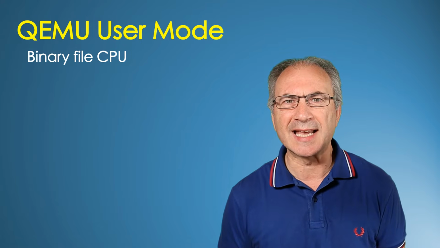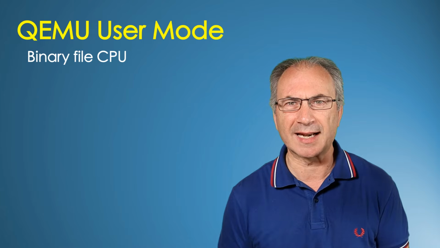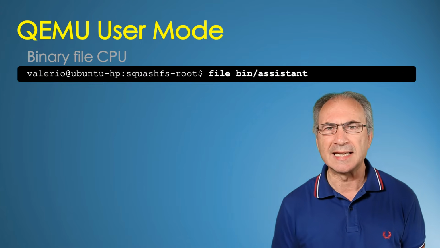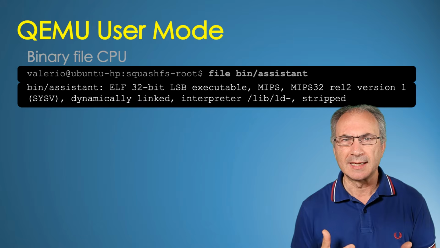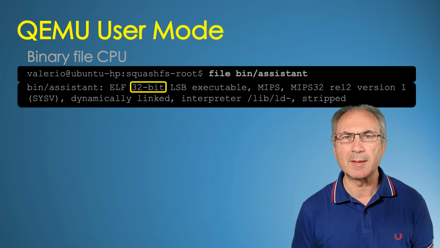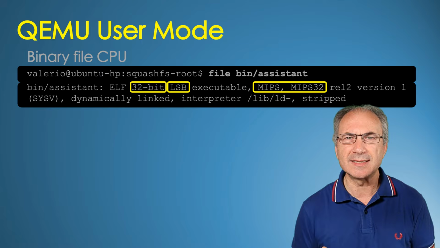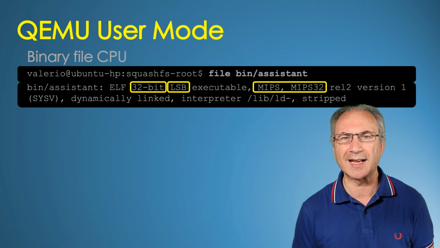We can easily understand the binary file architecture with the file command. In this case, the file command on our executable tells us that we have a 32-bit MIPS architecture with an LSB, least significant byte first architecture, also known as Little Endian.